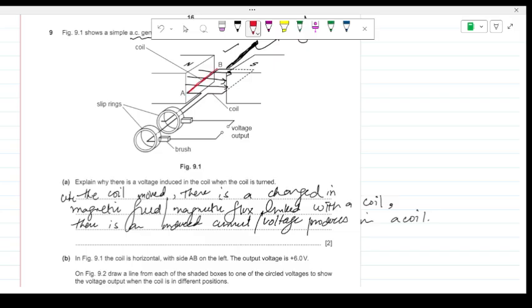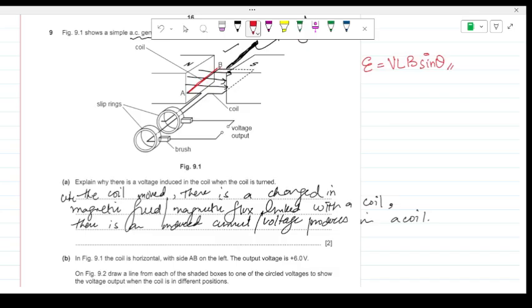In this scenario, there is an induced voltage due to the change in magnetic flux, and that induced voltage depends upon the sin theta parameter. The direction of the length of the coil is this, and the magnetic field lines are perpendicular. So the magnetic flux produced will be maximum from the side AB.